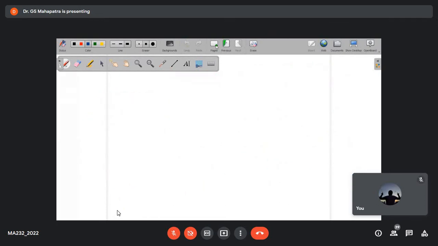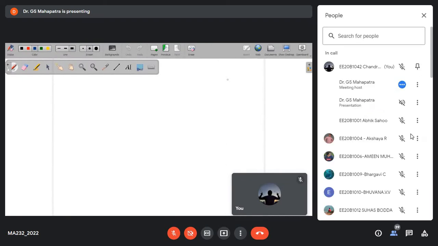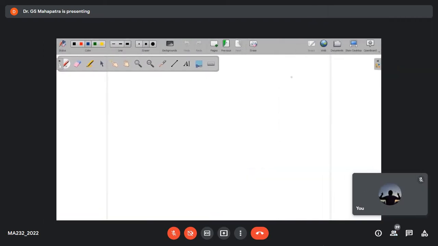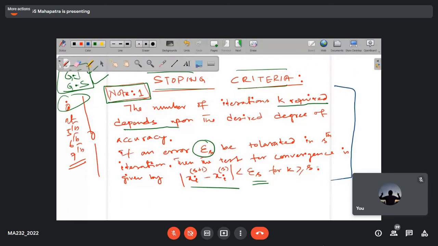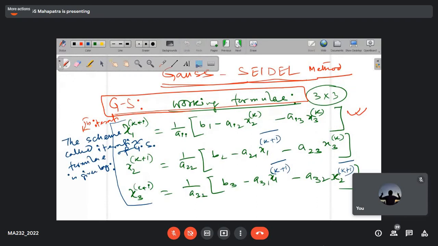What is the stopping criteria? Stopping criteria I have already given today itself. You know that mathematical concept, what the criteria is. Today we have already discussed this one. So next is the Gauss-Jacobi convergence. This is the working formula for Gauss-Seidel.